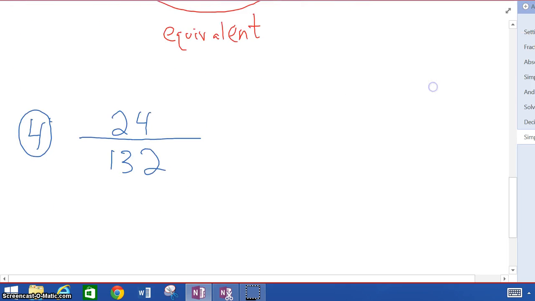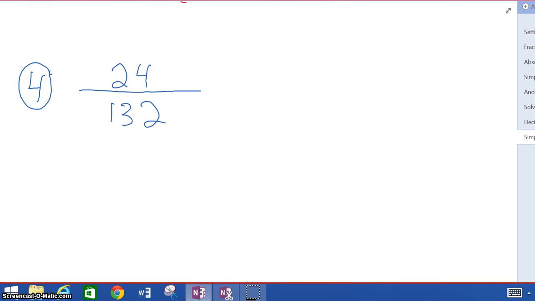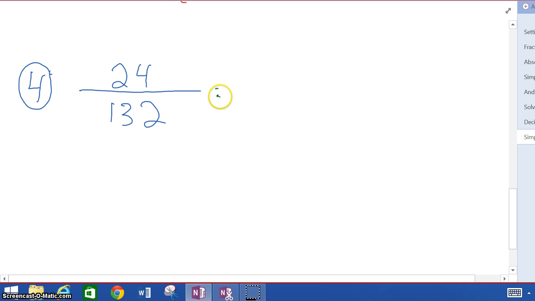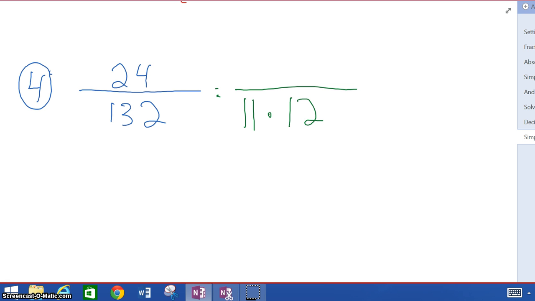Okay, here's another one. 24 over 132. Again, 132 should jump out as a number that we should know. Remember, that is 11 multiplied by 12. Now, can we write 24 as 11 multiplied by something? Or perhaps as 12 multiplied by something?